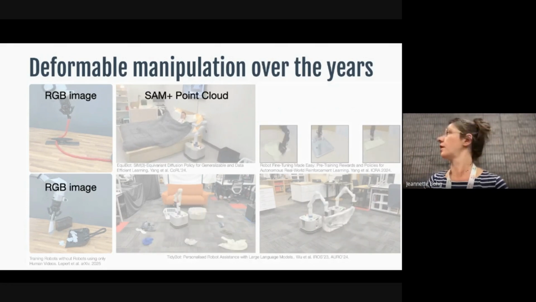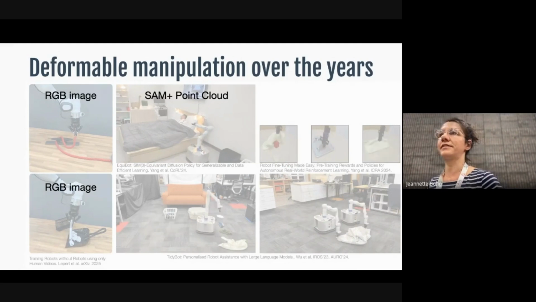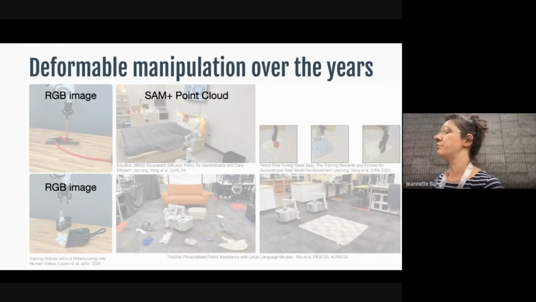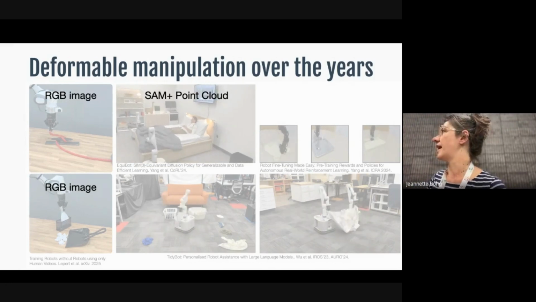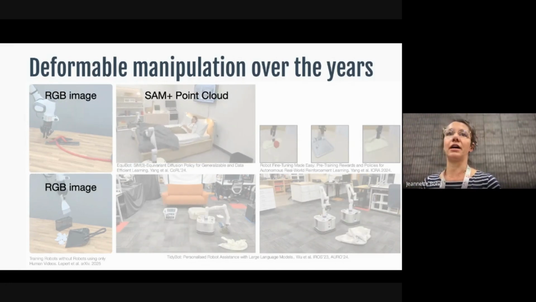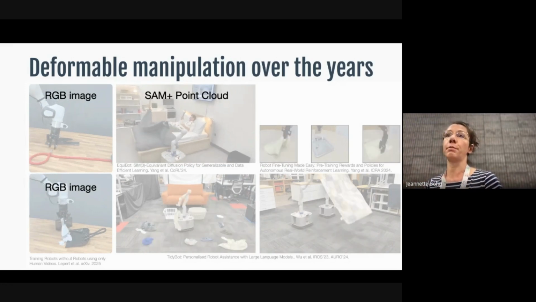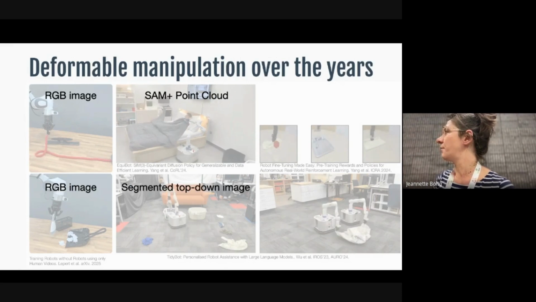Then we have some other work called Equibot. There we use a more object-centric approach, what I would call object-centric, because it does use SAM to segment this comforter on the bed, and then uses the point cloud from this comforter as input to a policy, which then steers these two robots to cover the bed.